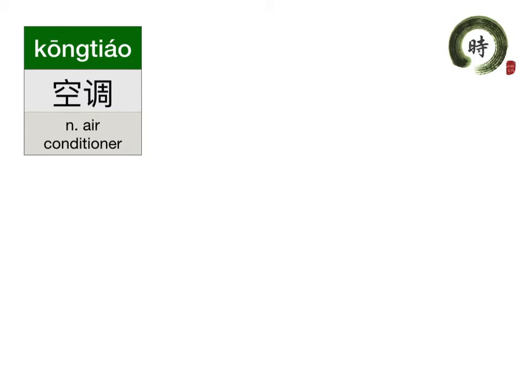So another thing we can turn on or turn off is 空调. 空调 means air conditioner. So 空 itself has the meaning of empty, and it is composed of two parts. The upper part is 穴宝盖, which indicates a cave, while the lower part is 工, which helps with pronunciation.